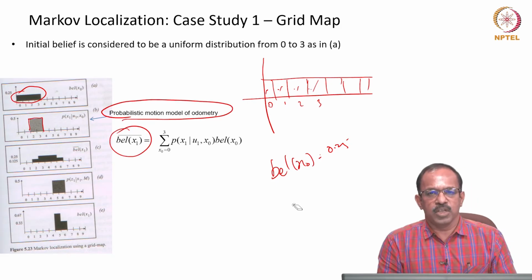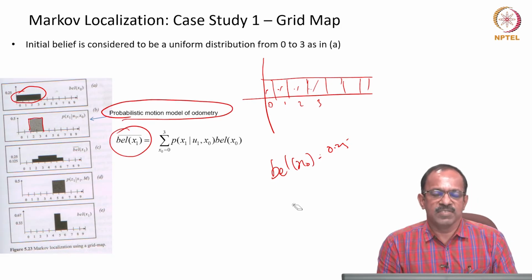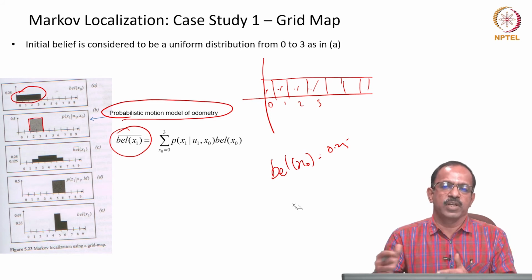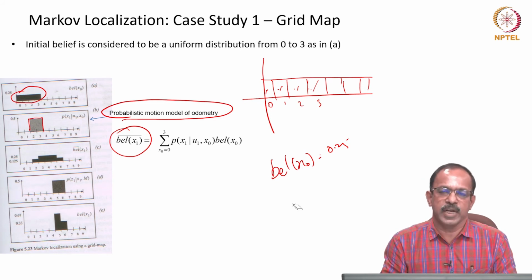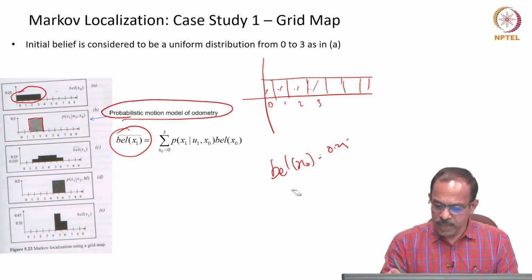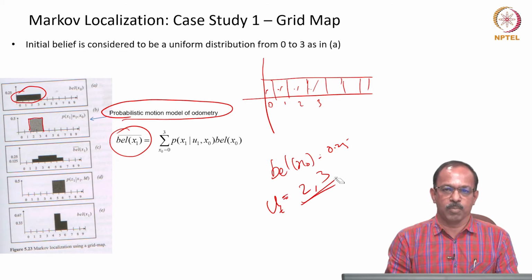Assume that the robot is moving forward, and the robot is given a control input, and the sensor says that yes, I can measure how much movement I have made. But the sensor says that I am not sure how much it is exactly, but it could be 2 or 3. So my measurement says that the ut could be 2 or 3 with equal probability.